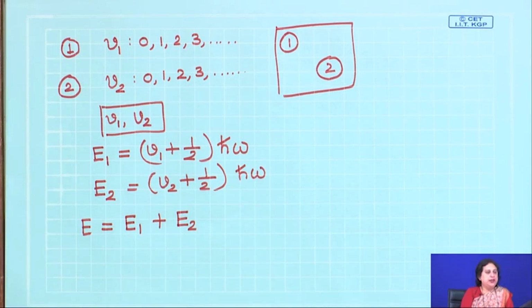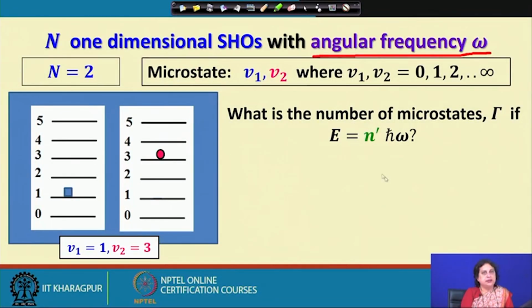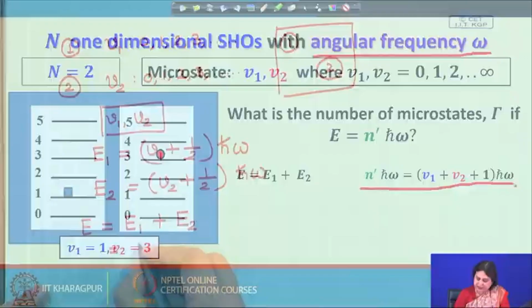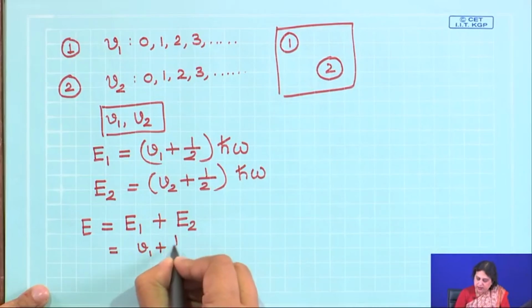If the total energy is some integer n prime multiplied by h cross omega, then n prime h cross omega must be equal to this relationship, because I have written down explicitly what E1 and E2 are.